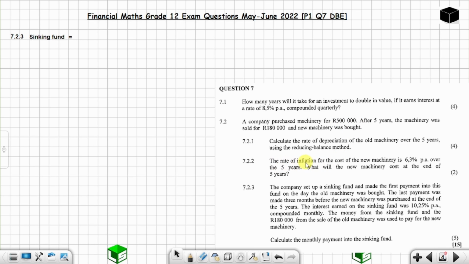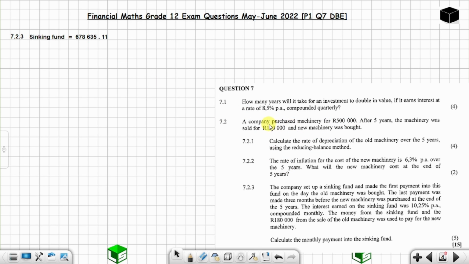Remember from question 7.2.2, we calculated the new price of the machinery. The price went up, right?